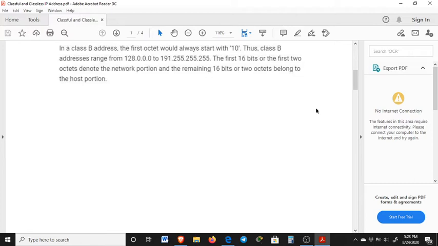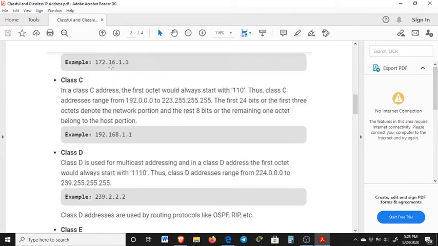Where is 127? 127 is reserved for loopback. This is an example of a class B IP address: because it's between 128 and 191, 172 is a class B address.